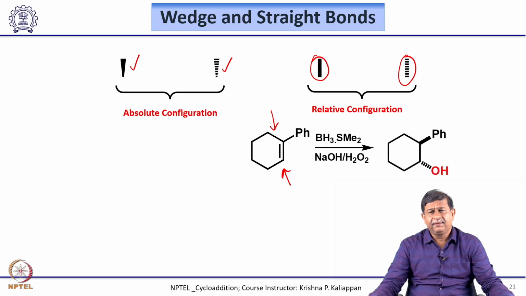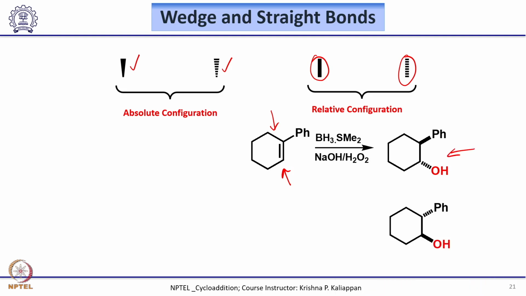If hydrogen and OH come from the bottom, you get this particular isomer. There is also another possibility that hydrogen and OH can come from the top face. If it comes from the top face, you get this isomer.